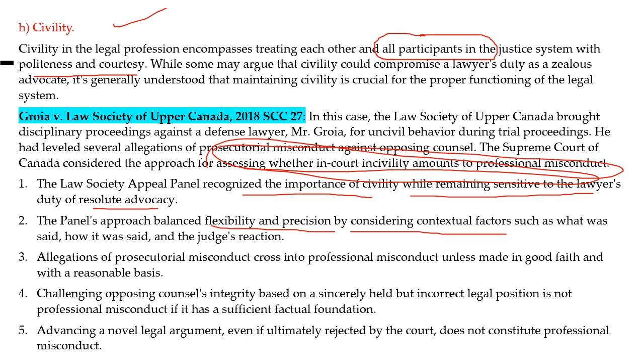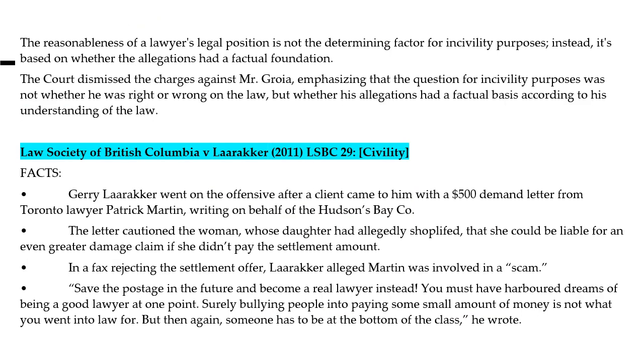Challenging opposing counsel's integrity based on a sincerely held but incorrect legal position is not professional misconduct. It must have a sufficient foundational factual basis. Advancing a novel legal argument, even if ultimately rejected by the court, is not professional misconduct.